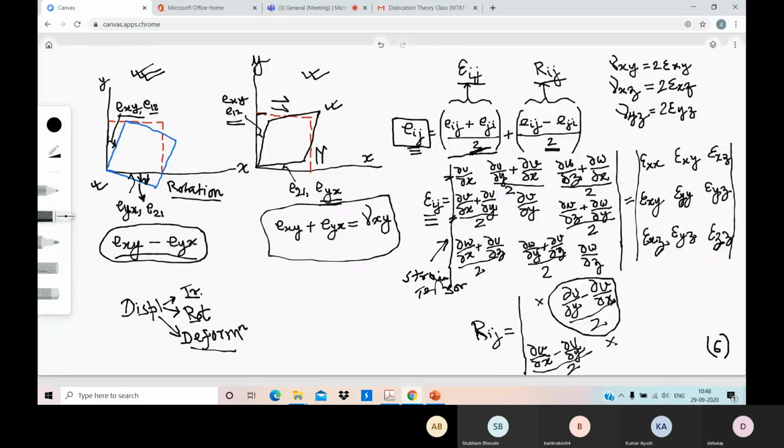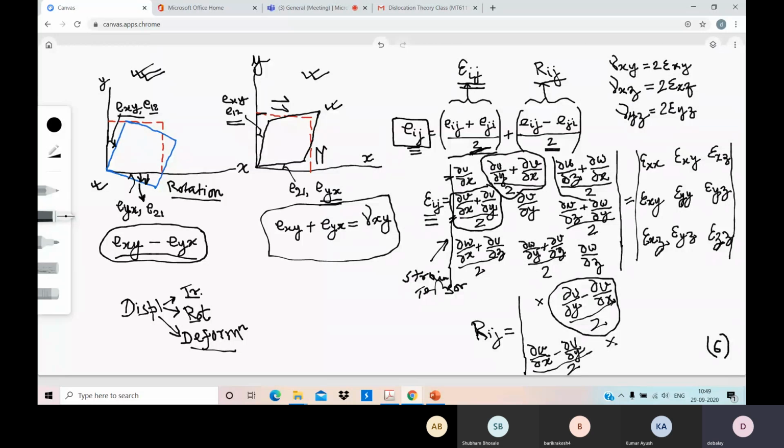So now in terms of epsilon ij strain tensor, this term becomes del v by del x plus del u by del y by 2. That means this particular term and the second term of the first row are basically the same.